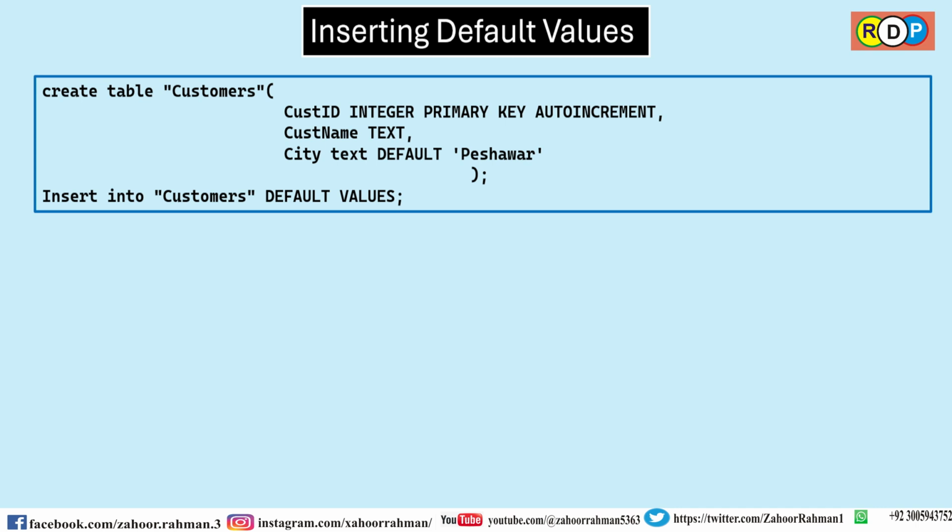So I can insert the default value for a field like this one, Peshawar.